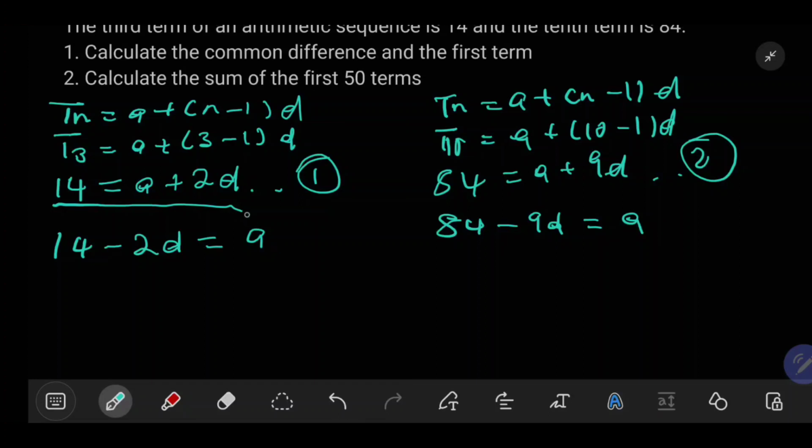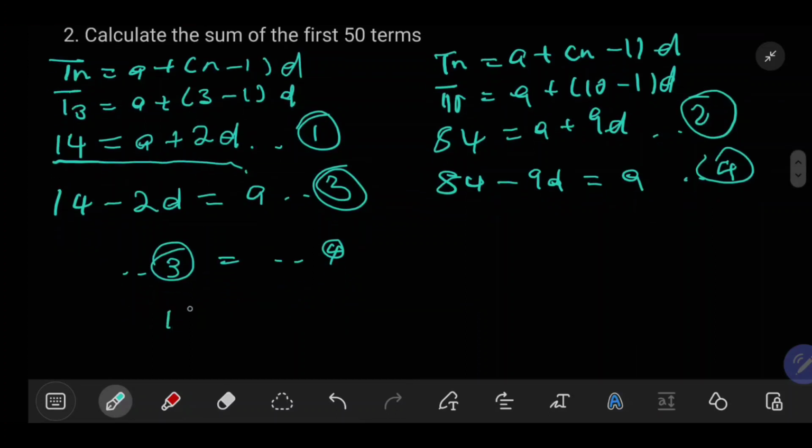Or you can choose to make a the subject of the formula and substitute it here. It's still fine, we will get the same answer. So since they are both equal to a, we can say this is equation 3, then this is equation 4. I can make equation 3 equal to equation 4, because they are both equal to a.